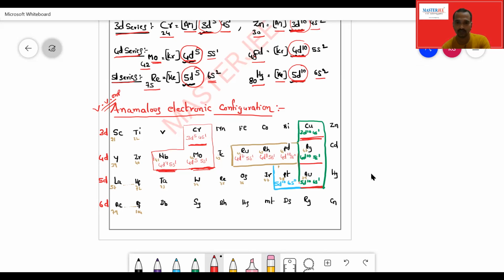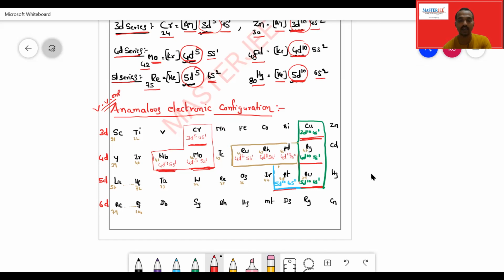In the 4d series, ruthenium, rhodium, and palladium are anomalous, with palladium being 4d10 5s0. In the 5d series, platinum and gold are 5d10 6s0 and 5d10 6s1.